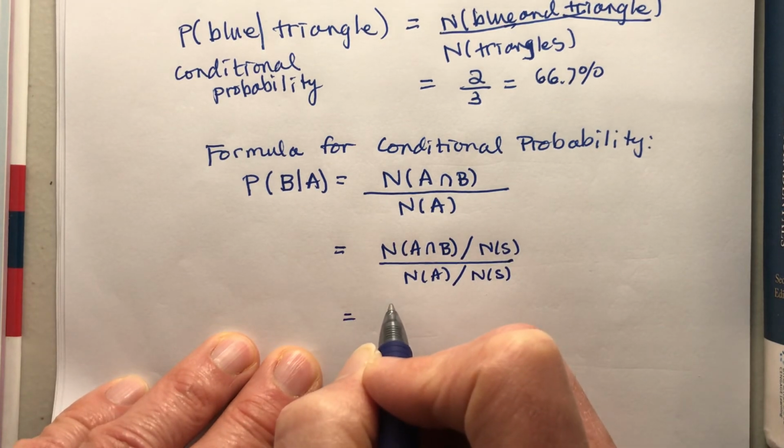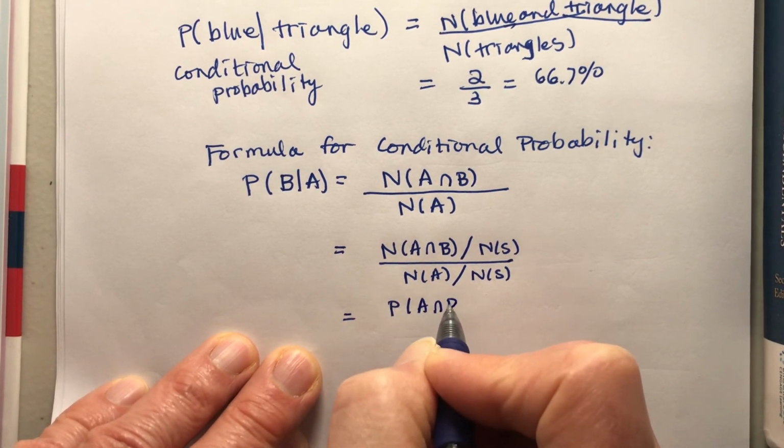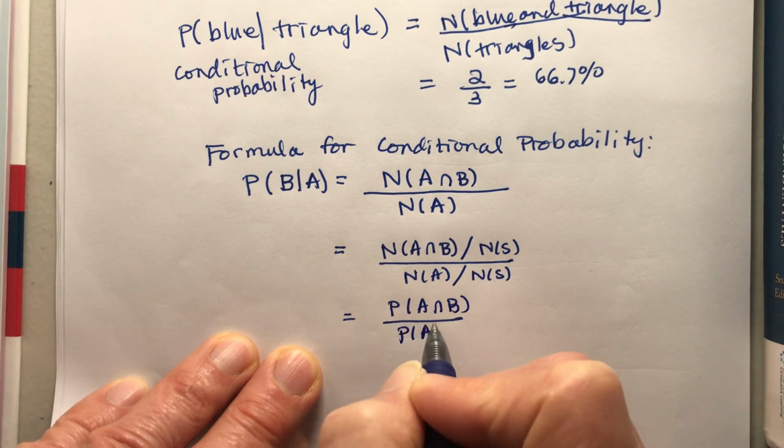That gives the probability of A intersection B divided by the probability of A.